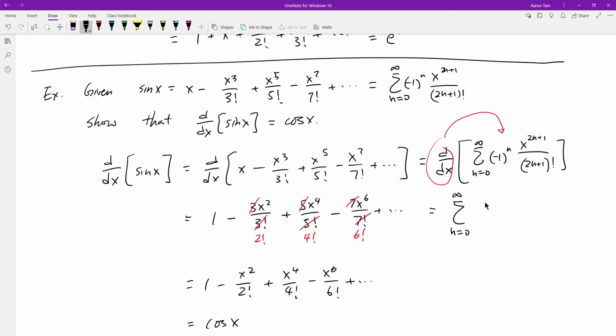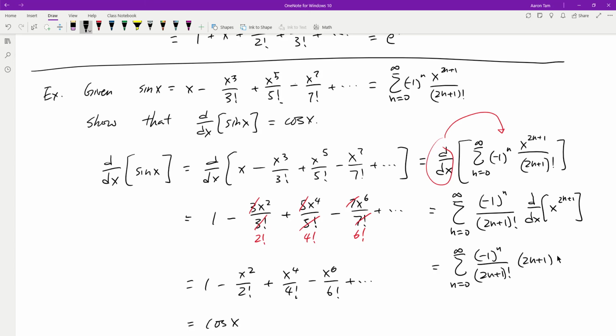So it becomes the summation from n equals 0 to infinity, negative 1 to the n over 2n plus 1 factorial, times the derivative of x to the 2n plus 1, which is the only part that has x in it. The derivative of x to the 2n plus 1 becomes 2n plus 1 times x to the 2n.